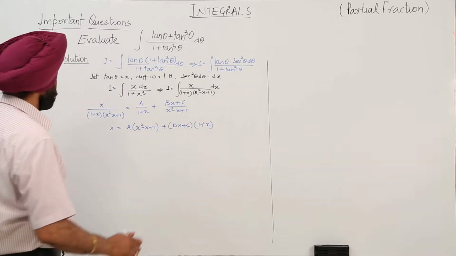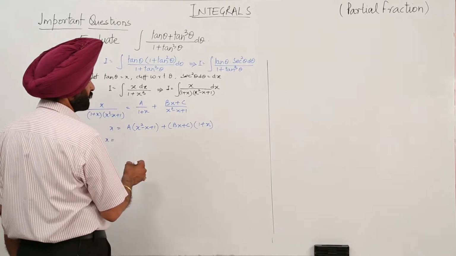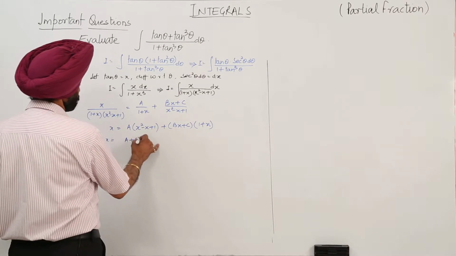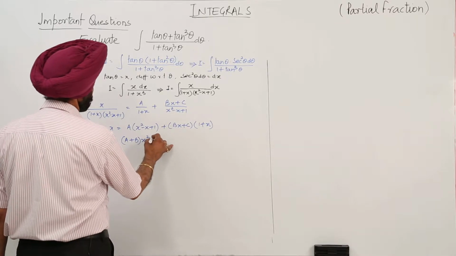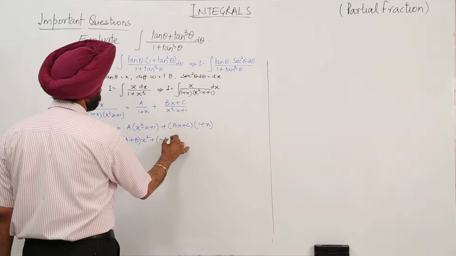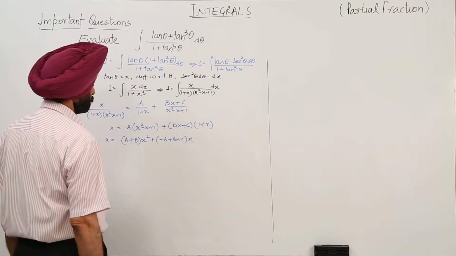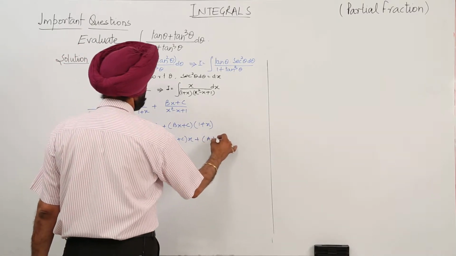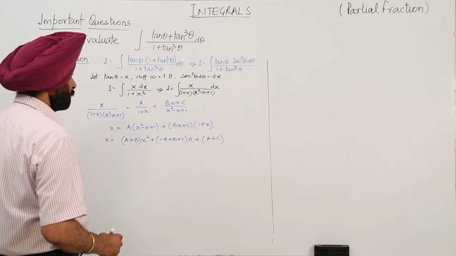Now opening the brackets and comparing coefficients, we get (A plus B) x square plus (minus A plus B plus C) x plus (A plus C). Is it clear?